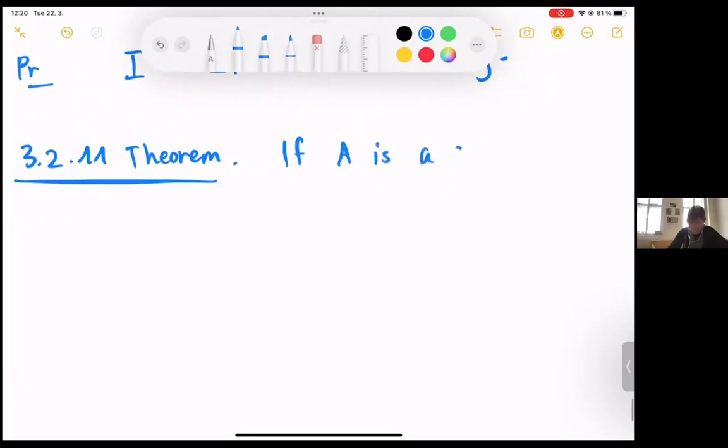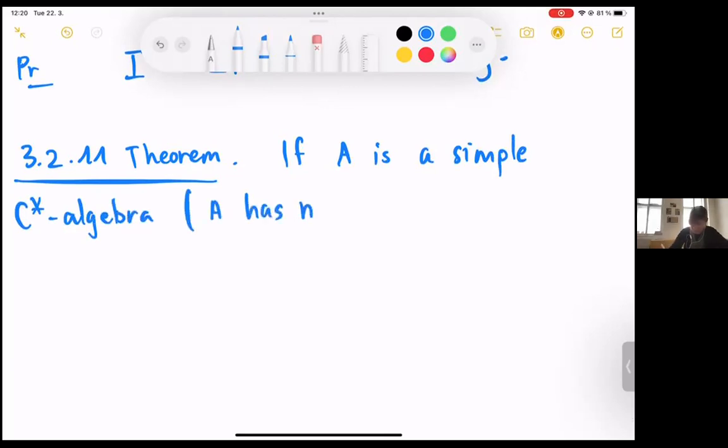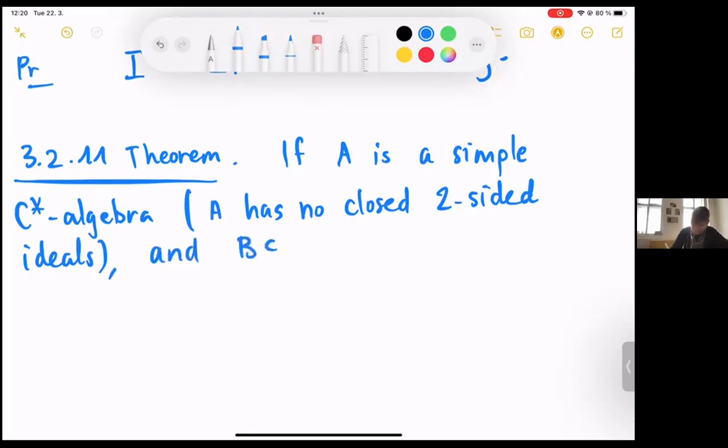If A is a simple C star algebra, which means that A has no ideals, then every hereditary subalgebra is also simple.